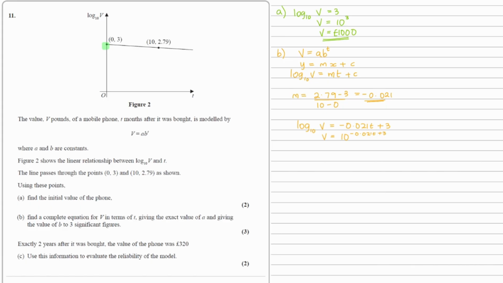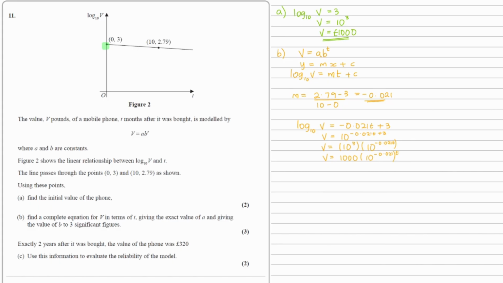We know that when we are adding the exponents, that means we have multiplied the two base numbers, so we can rewrite this as V is equal to 10 to the power 3 multiplied by 10 to the power minus 0.021t. 10 to the power 3 gives us 1,000, and for 10 to the power minus 0.021t, we can again rewrite this as 10 to the power minus 0.021, close the bracket, and put the t as a power outside the bracket. We now have this in the exact form that the initial equation V is equal to AB to the power t was given.